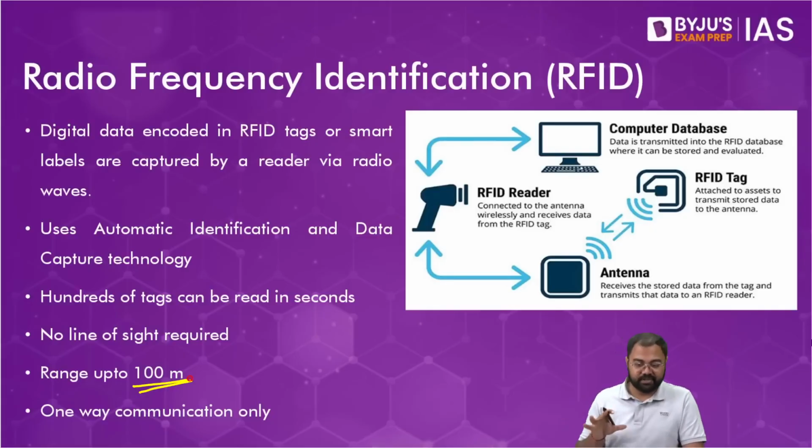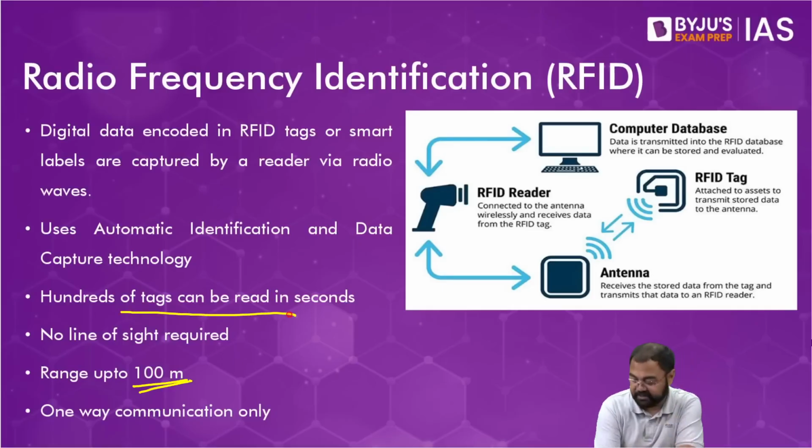For example, in case of RFID, there are hundreds of tags that it can read in 1 second. In case of NFC, you will be able to read just one tag at a time. So it will take time for you to establish that communication or to finish your work. But in case of RFID, it can happen much quicker.